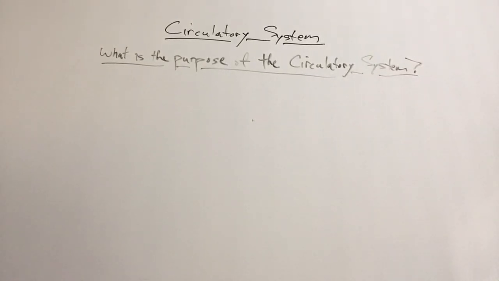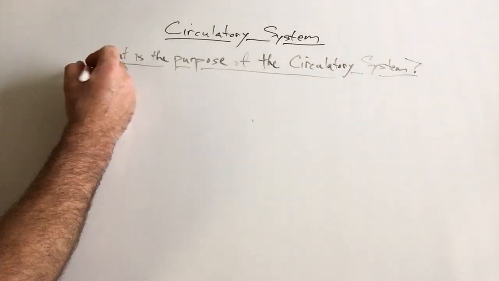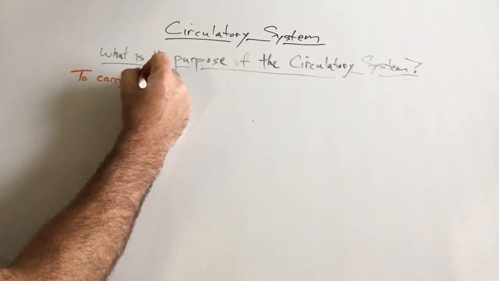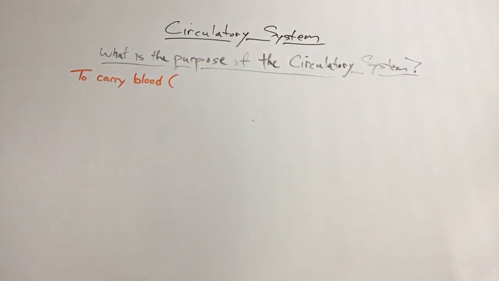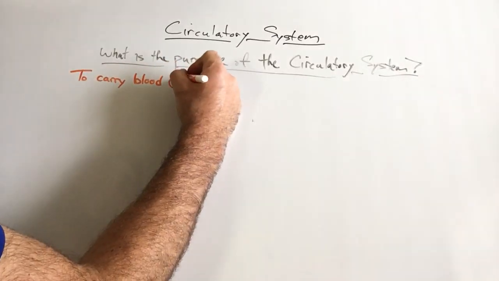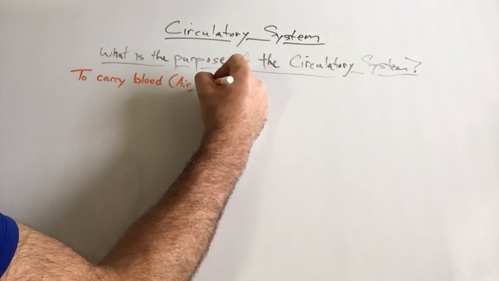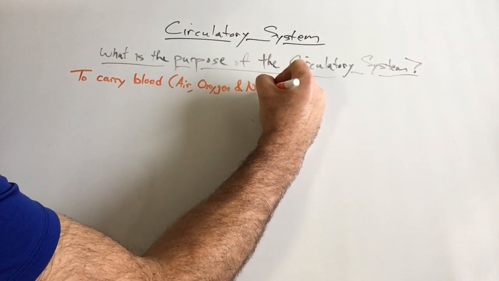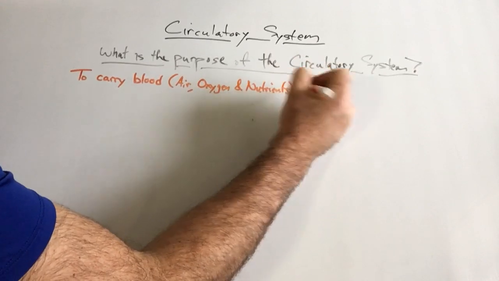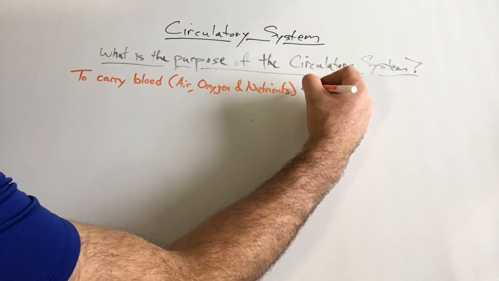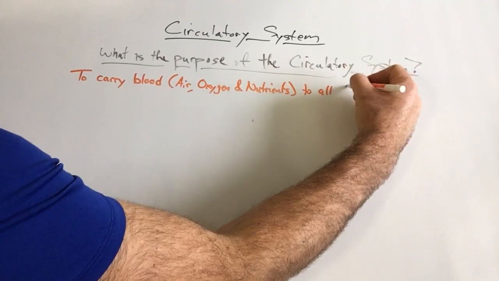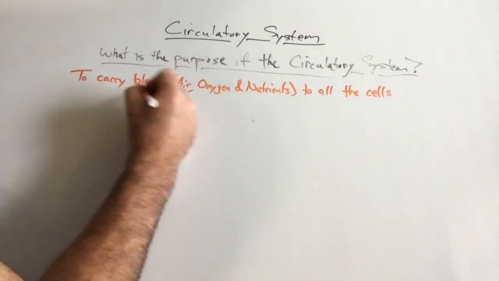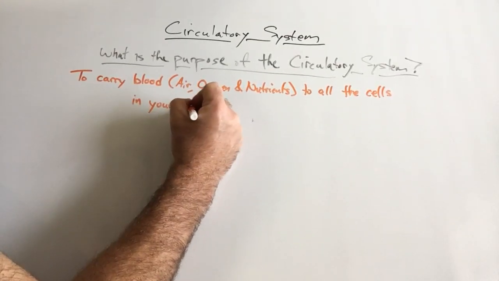Okay, the purpose of the circulatory system is to carry blood, and it's the blood that carries the air, oxygen, and nutrients to all the cells in your body.